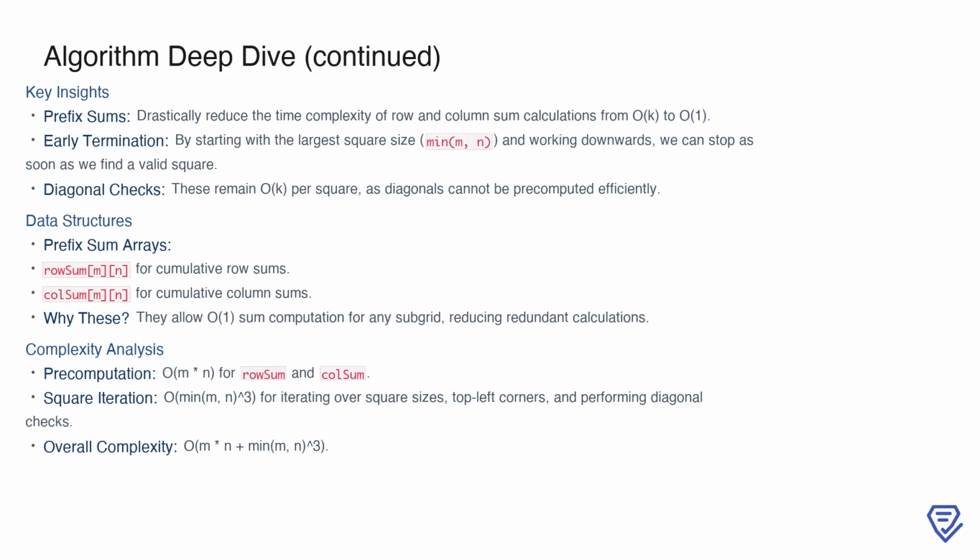Iterating through all possible square sizes, top left corners, and performing diagonal checks results in a complexity of O(min(m,n)*m*n). Combining these, the overall complexity of the algorithm is O(m*n + min(m,n)*m*n). This balance of pre-processing and efficient iteration ensures a practical solution even for larger grids.